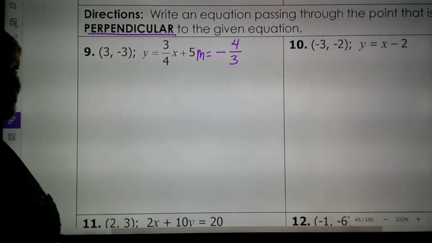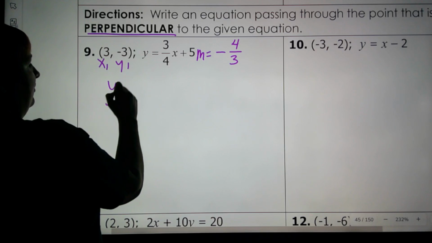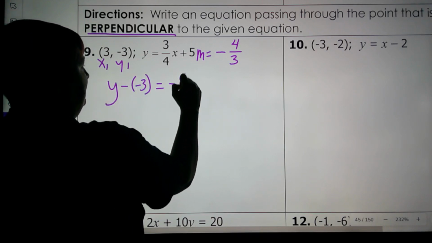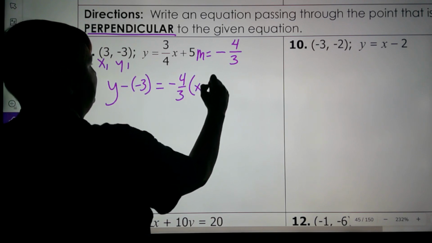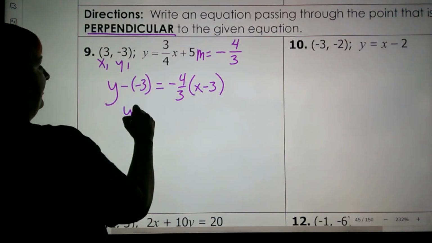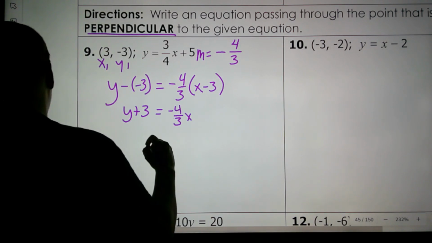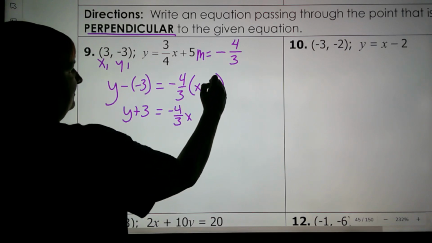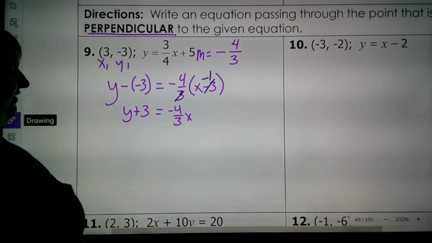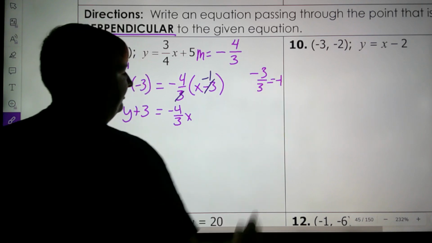This is the slope we're going to be working with. x1, y1. y minus y1 equals m times x minus x1. y plus 3 equals negative 4 over 3 times x plus 3, and negative 3 over 3 is negative 1.